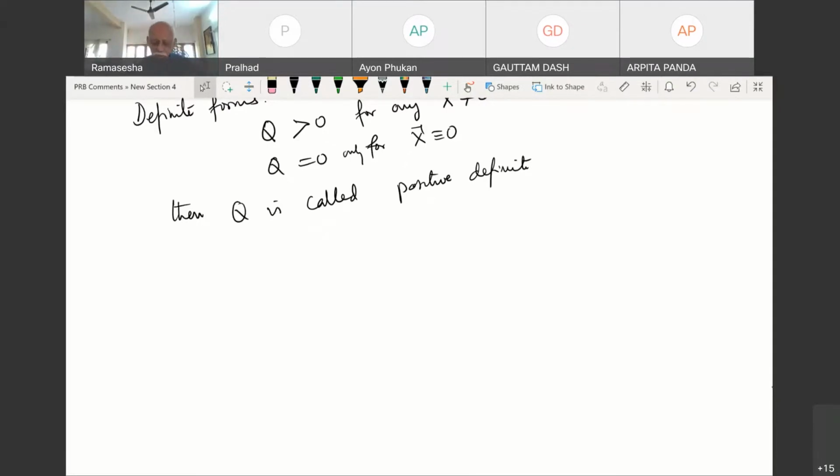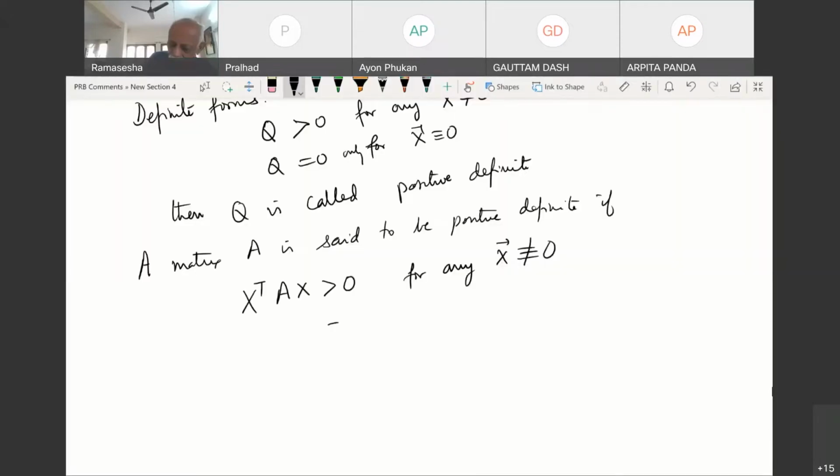The theorem I'm going to prove is: a matrix A is said to be positive definite if x transpose A x is greater than 0 for any x not equal to 0, and equal to 0 only for x identically equal to 0.